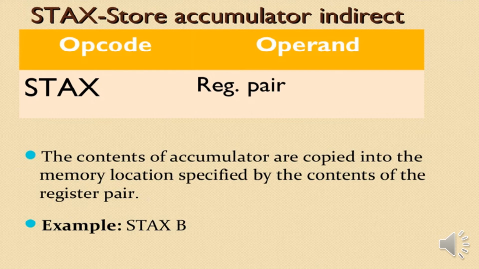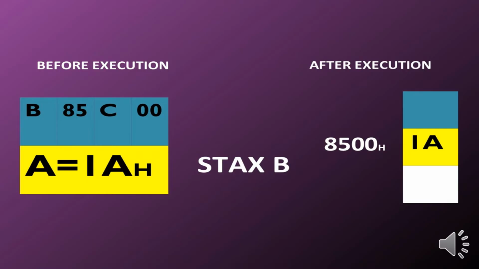The content of the accumulator is copied into the memory location specified by the content of the register pair. For example, STAX B, where B means the BC register pair, copies the accumulator content indirectly into that memory location.